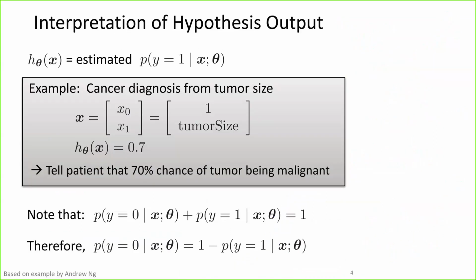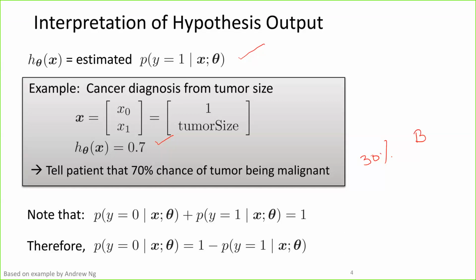So the interpretation of the hypothesis: h theta of x is the estimated probability of y equal to 1. Take cancer diagnosis from tumor size, where we want to say whether the tumor is malignant or benign based on the tumor size. If the hypothesis output is 0.7, you are telling the patient there is a 70% chance of the tumor being malignant and a 30% chance of it being benign.